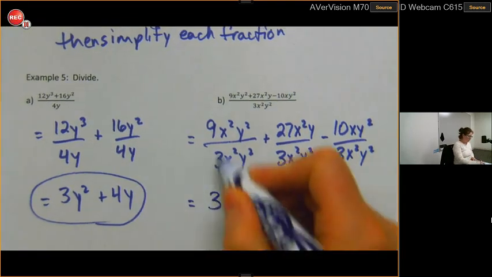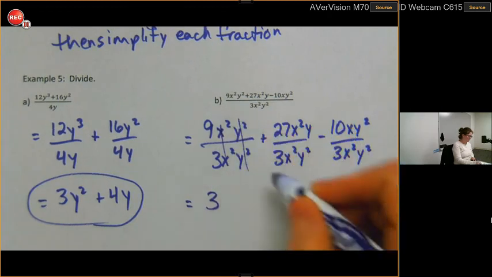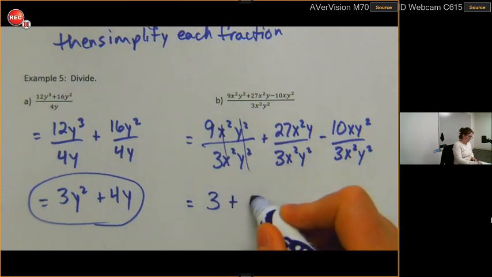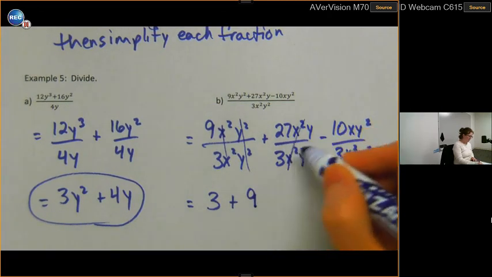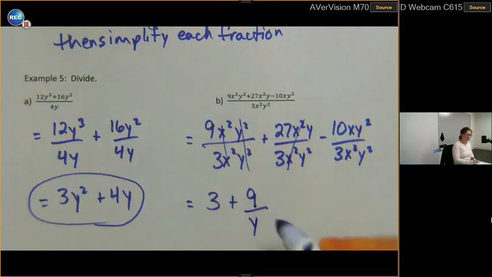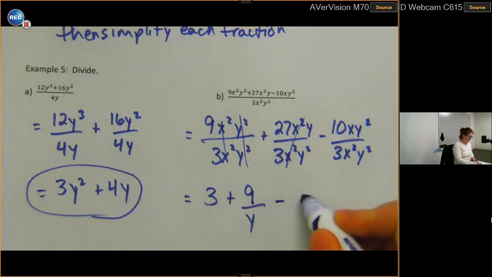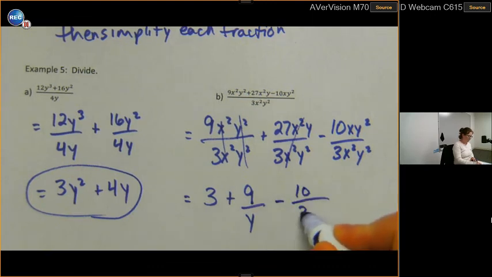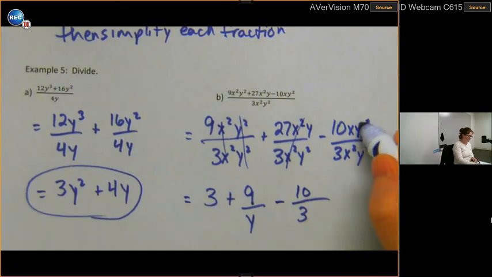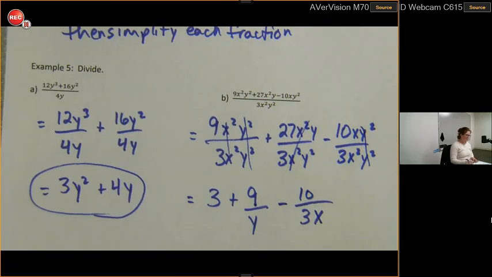So I have 3, the x's and the y's cancel. And I have 9, the x's cancel, but the y is actually left, 1 y in the denominator. And then the 10 and the 3 don't simplify. The y's cancel, but the x is left, 1 in the denominator.